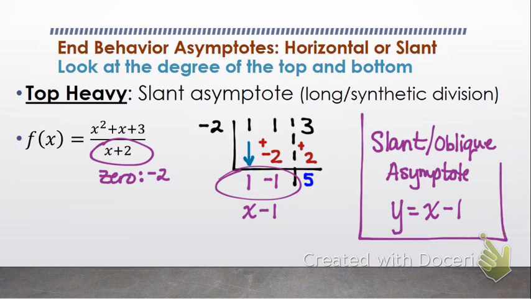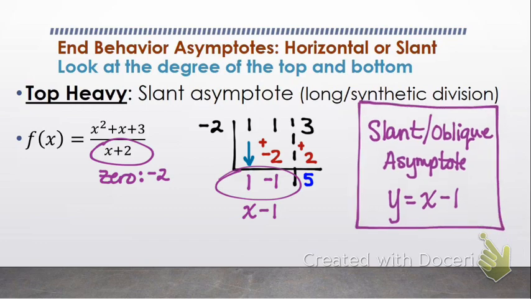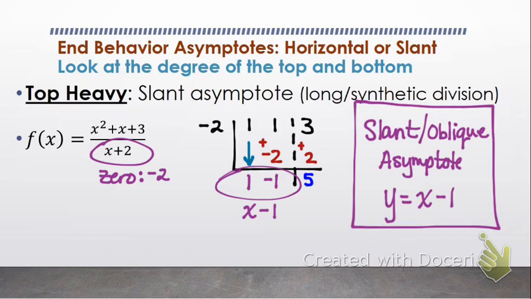Now, we've talked about the end behavior for the horizontal asymptotes. With the slant asymptote, I'm looking at the end behavior for this. This has a positive slope. So as x approaches infinity on the right-hand side, if you have a positive slope, f of x is also going to be increasing towards infinity.